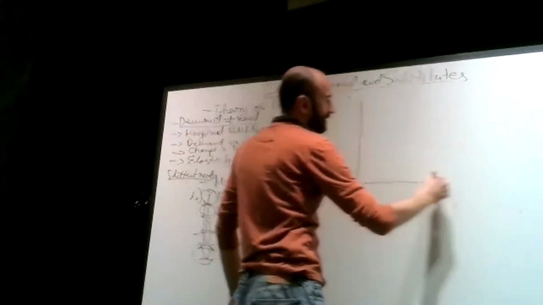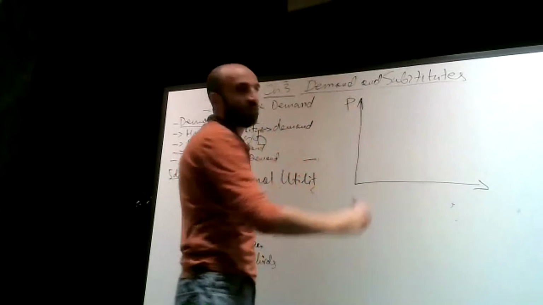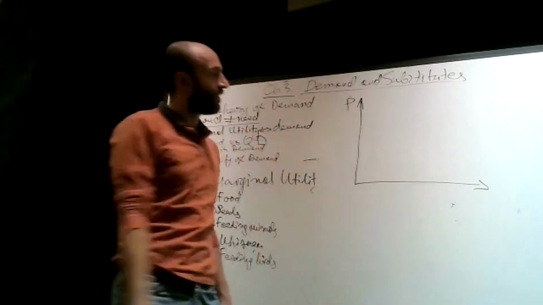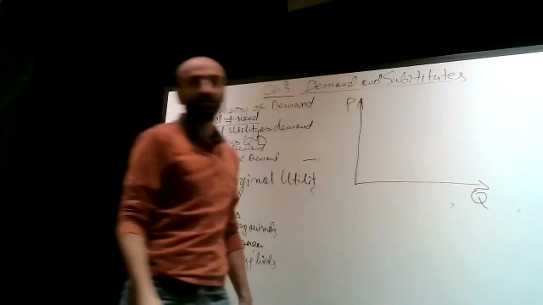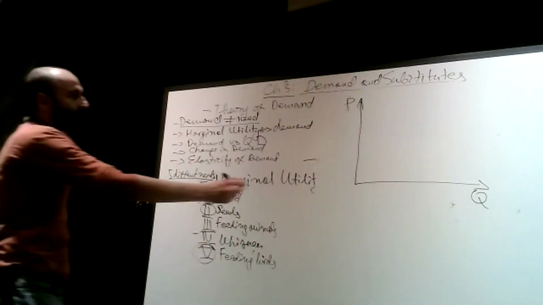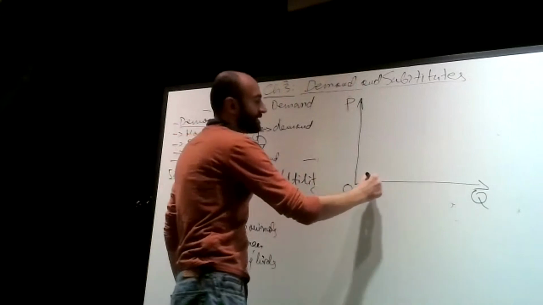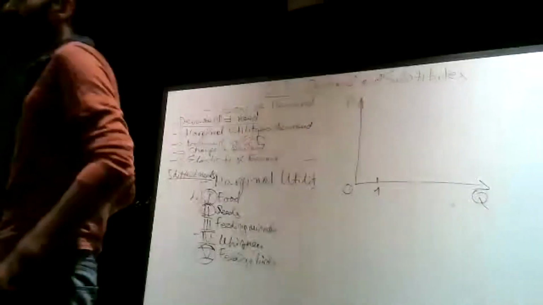You have this simple mathematical coordinate system, Cartesian. On the vertical axis, you have price or value. On the horizontal axis, you have the quantity of a given good. This is 0. Let's say that we have the first unit. Quantity is 1.